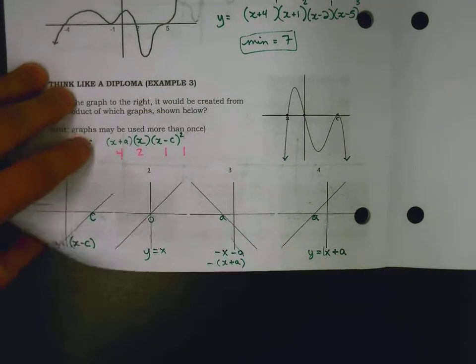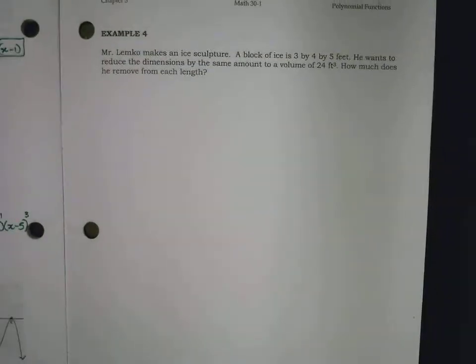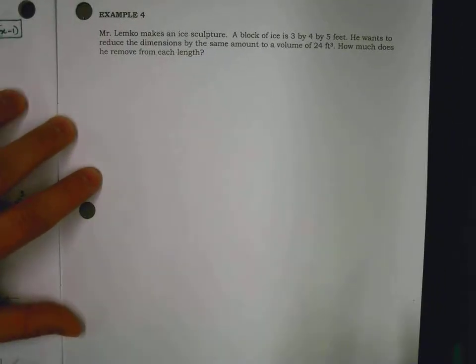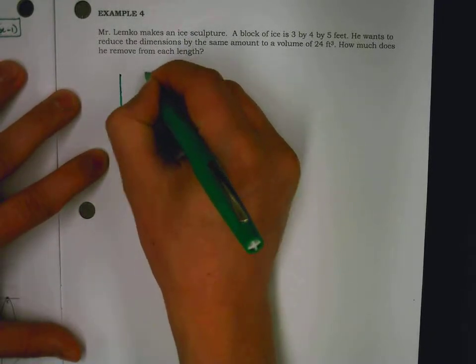Our very last question of the day is an application of polynomial functions, and we've seen volume of boxes as cubic functions before, and so this is what we're going to investigate as of right now. So this last question, example 4, says Mr. Lemko makes an ice sculpture and the block of ice is 3 by 4 by 5, and he wants to reduce the dimensions by the same amount to create a new volume.